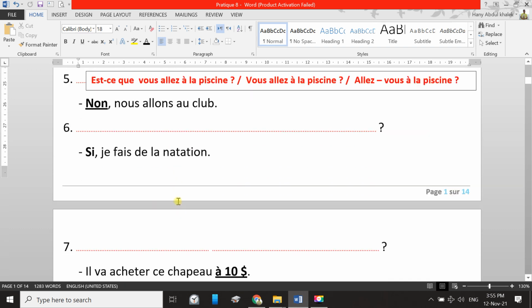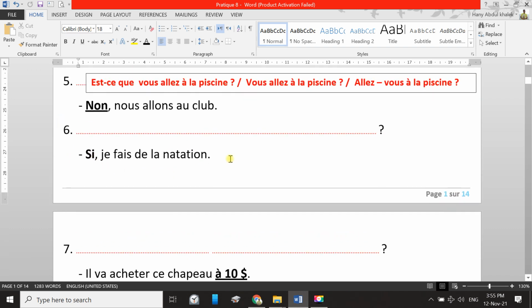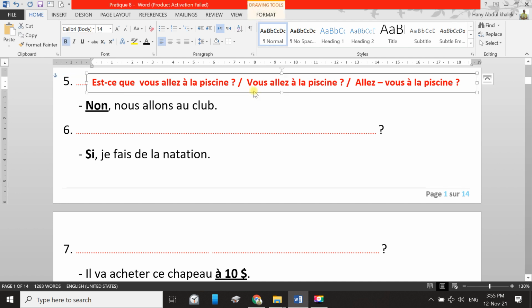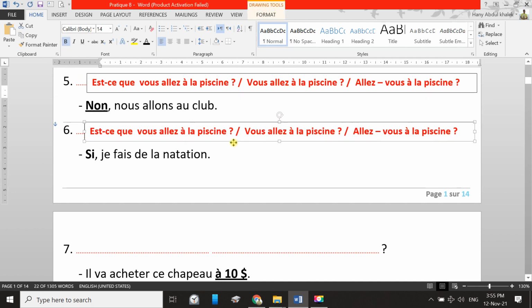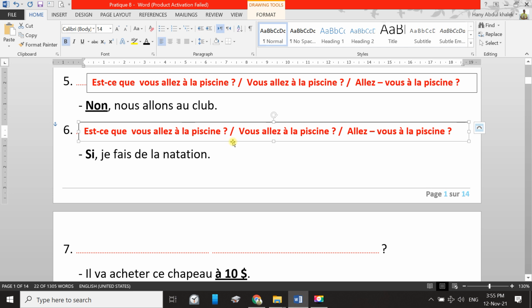Type here, numéro 6, si je fais de la natation. It's something that you don't have in English, but we have something like that in Arabic. Si means, like we say in Arabic, bala. Like we say in the Holy Quran, dans notre Saint Coran, when we say alastu bi rabbikum qalu bala. Here we can understand that in Arabic, if the question is in the negative form, we answer not with na'am, which is yes, but we say bala.